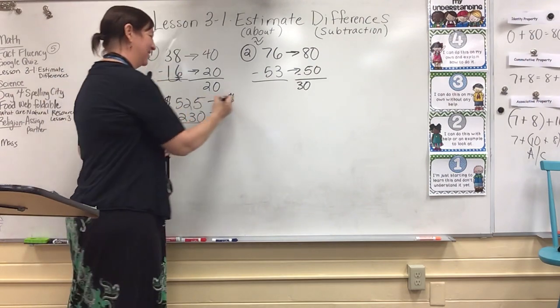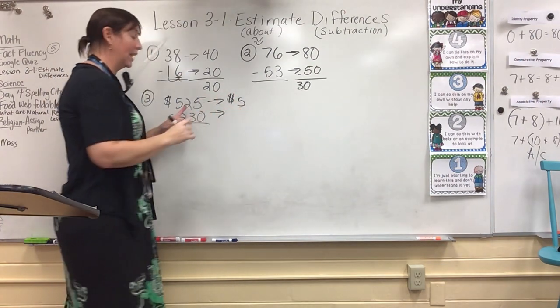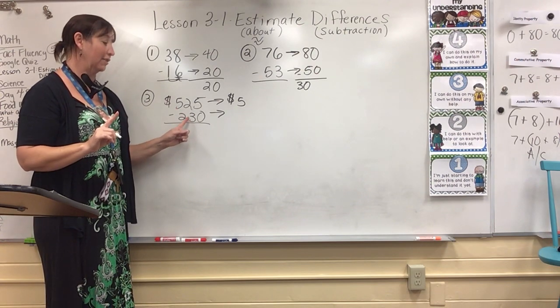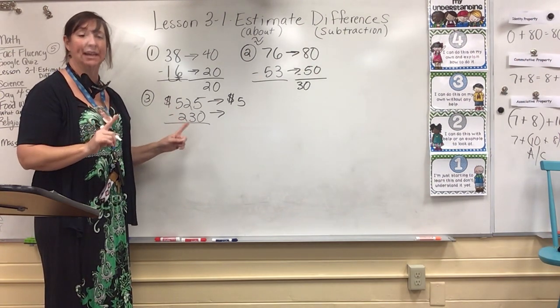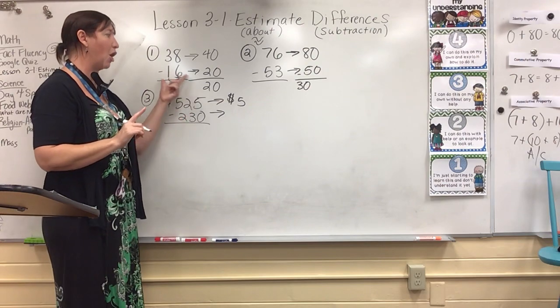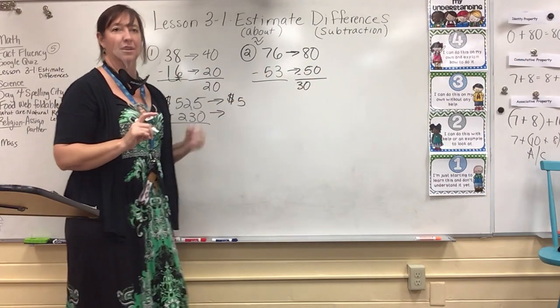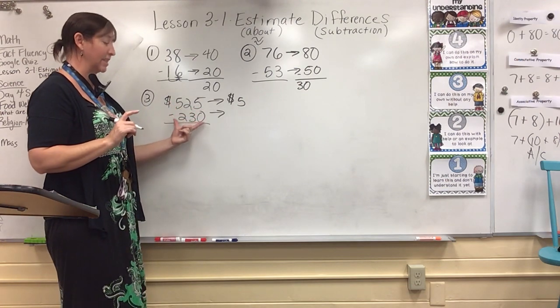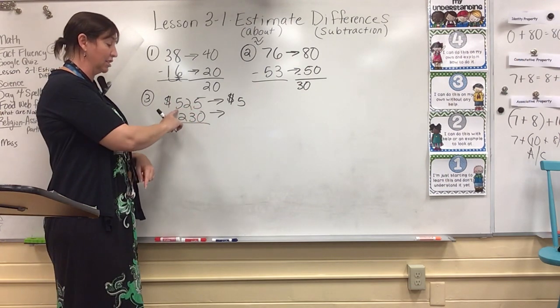Kellen? 530. Okay, so it could go to 530 if, like, we estimate to the greatest place of the least number. So all of these were the same place value in both numbers. So since they're the same place value in both numbers, we're going to estimate to the greatest one.